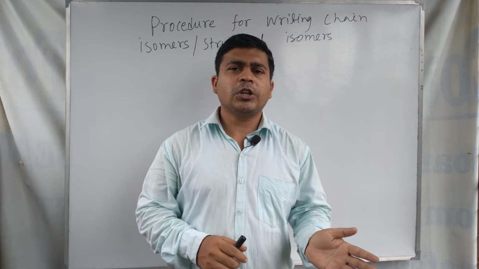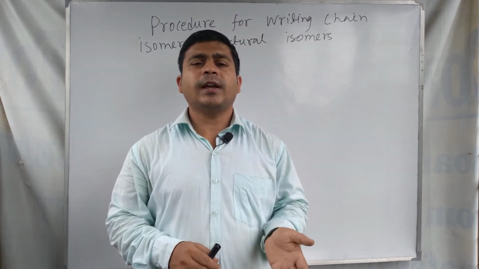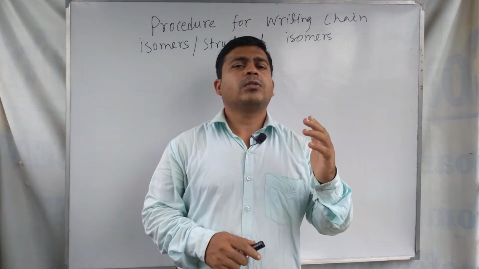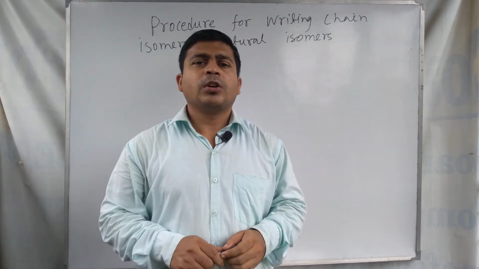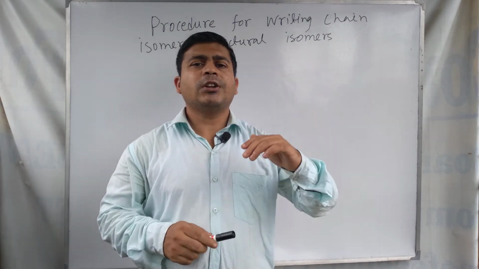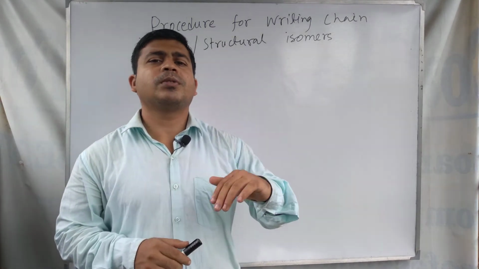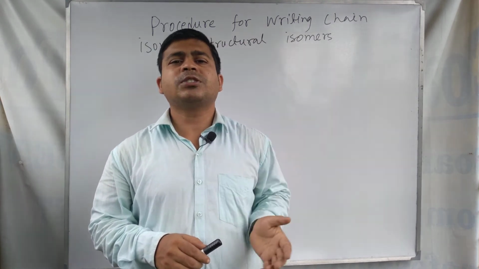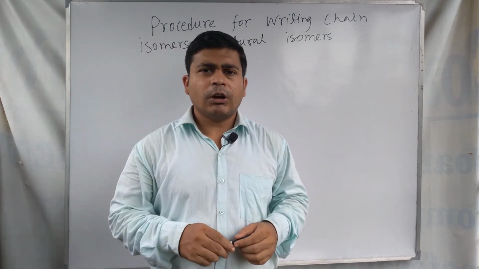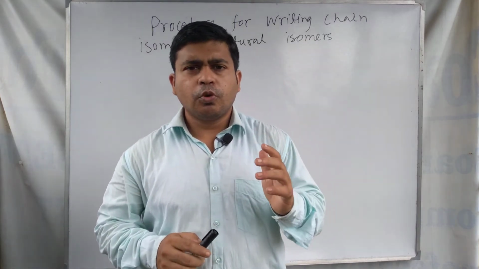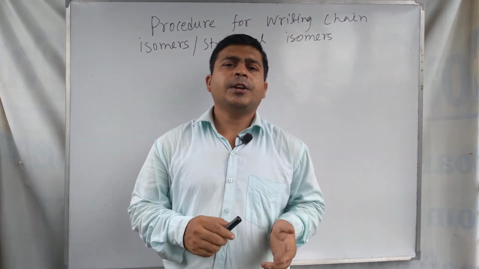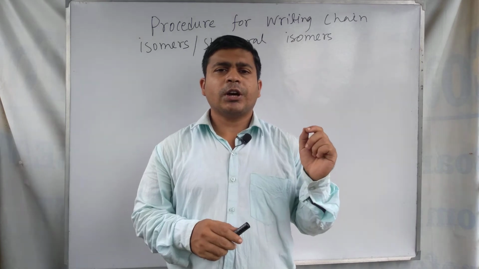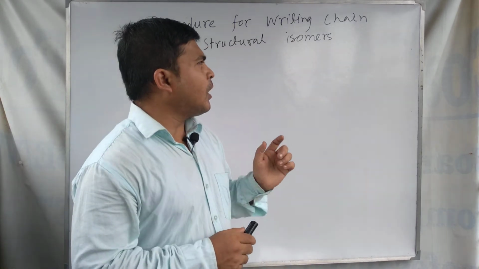Using a common molecular formula, more than two isomers can be possible by changing the chain length, that is, shortening the chain and giving branch carbon to the chain. So we discuss the full process of writing the structural isomers of alkanes, or the chain isomers.